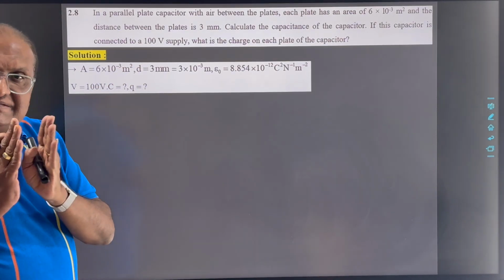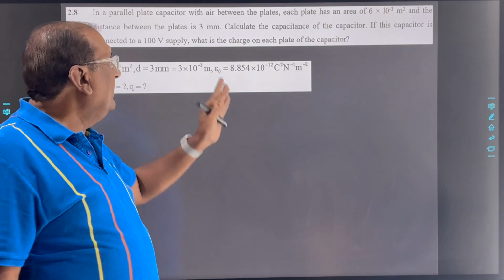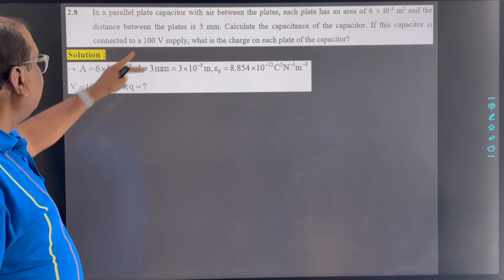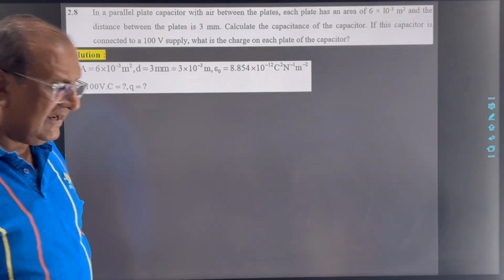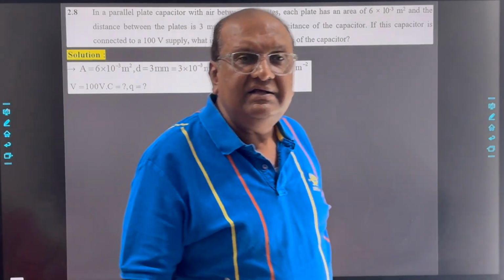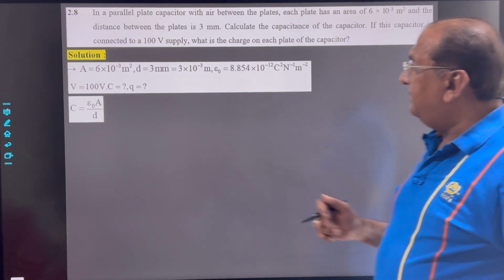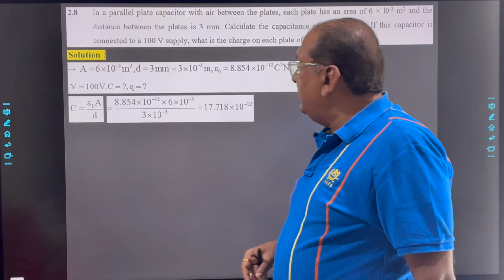Distance between two plates is 3 millimeter, so that is 3 into 10 raised to minus 3 meter. Epsilon 0 constant is always given to you. Here supply voltage is 100 volt, and we have to calculate the capacitance and charge on each plate of the capacitor.